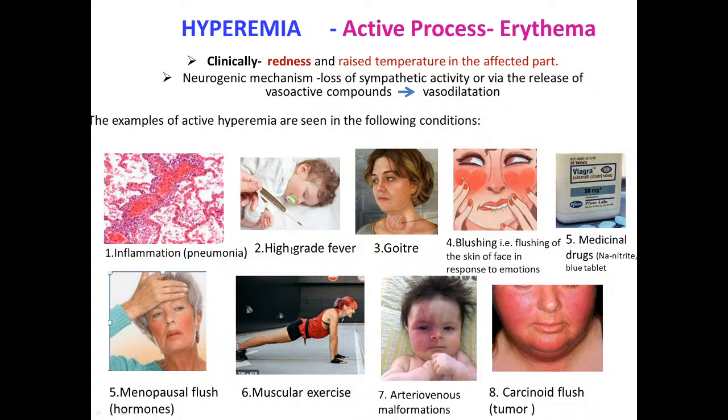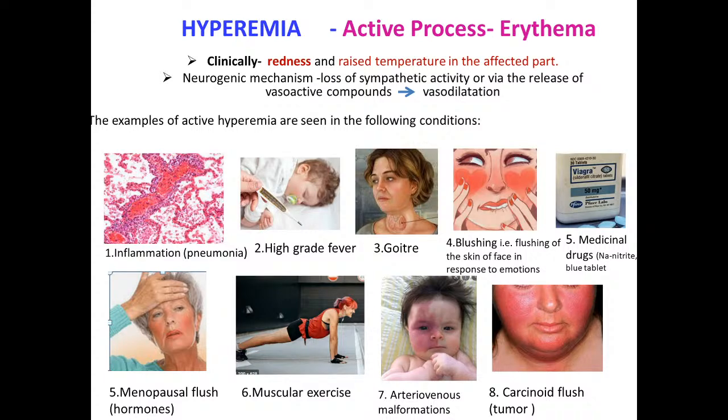High-grade fever, cutaneous hyperemia in febrile state serves to dissipate heat. Goiter and menopausal flush are hormonal causes of arterial hyperemia. Blushing, flushing of the skin of the face in response to emotion.